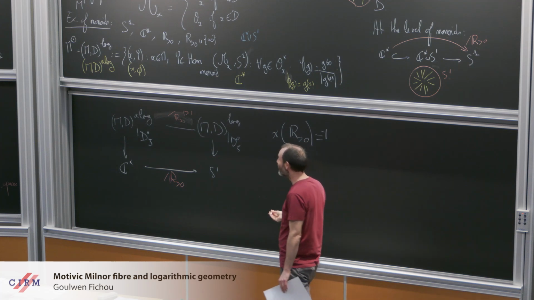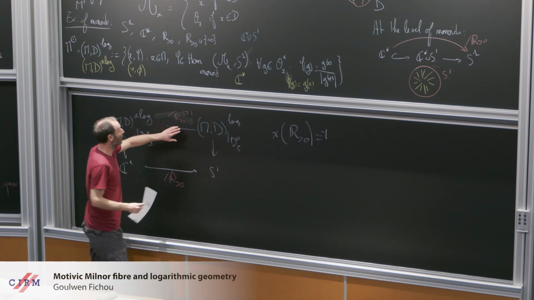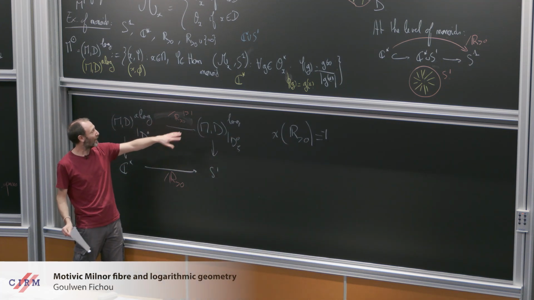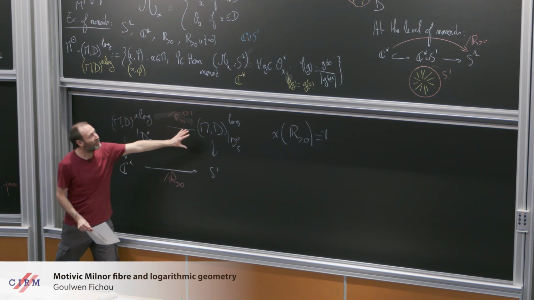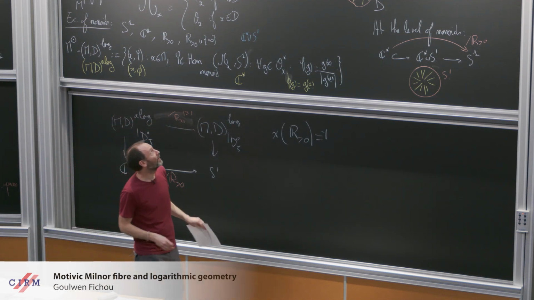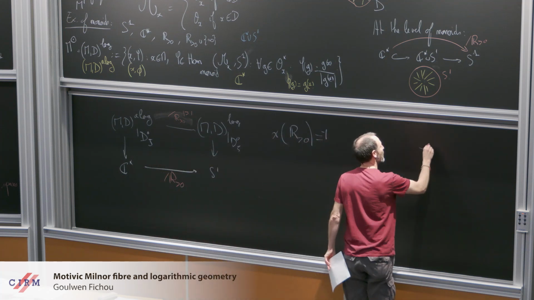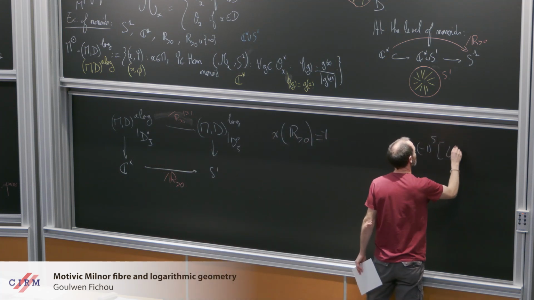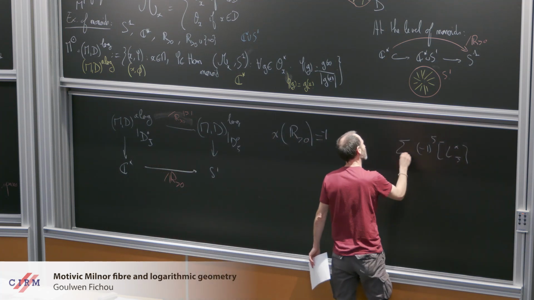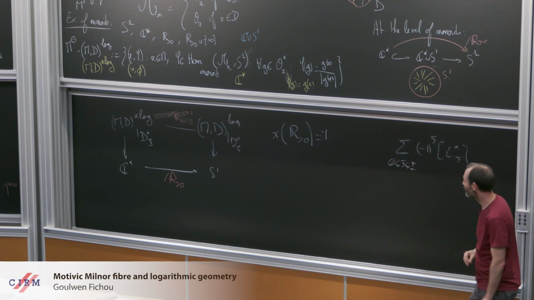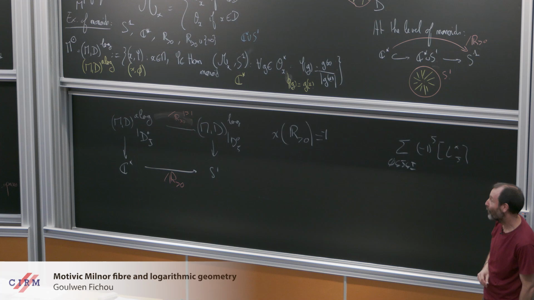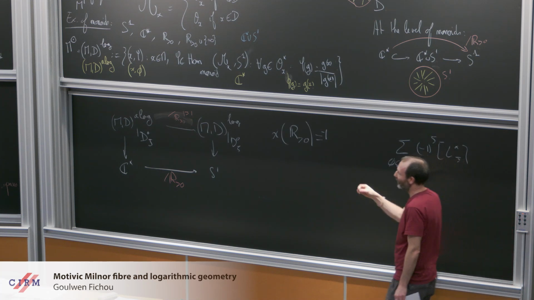So at least topologically, you divide by, say, (-1)^j to pass from this set to this set. So this gives a hint for the (-1)^j appearing in this sum, in the definition of the Motivic Milnor fiber.